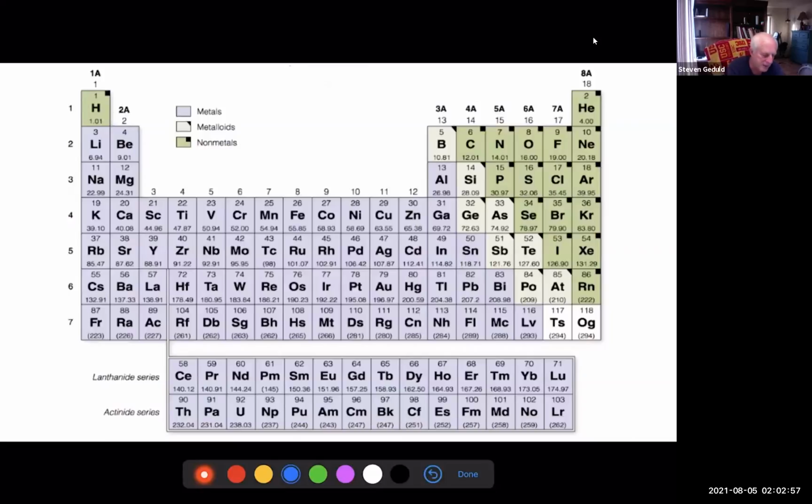So if I was going to combine sodium and oxygen, what would the formula be? Let's see where we have sodium. That'd be NaO2. Other way around. Hold on.